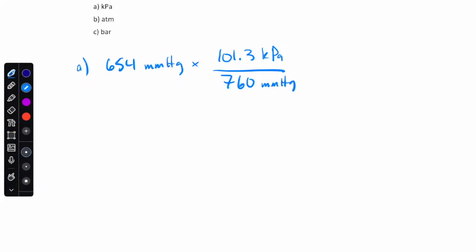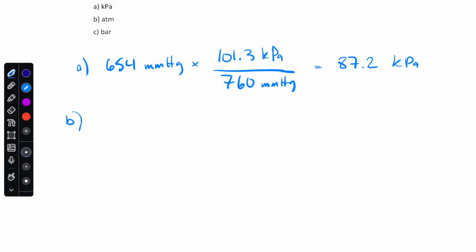I would say we have 654 millimeters of mercury multiplied by 101.3 kilopascals per 760 millimeters of mercury. The conversion factors between all of these and atmospheres are given on the front page of the exam. So these aren't numbers you need to memorize. And that gives 87.2 kilopascals.